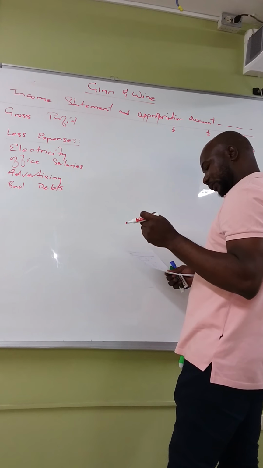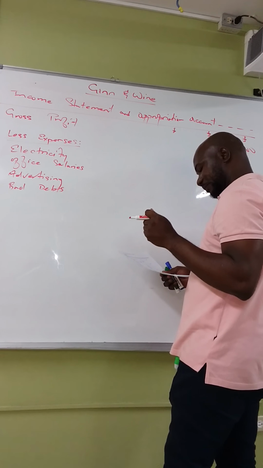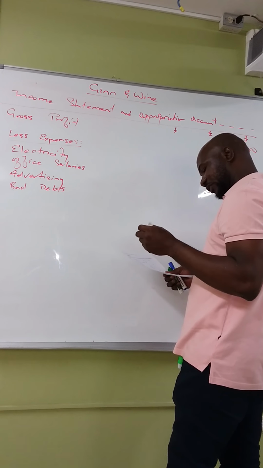And there was also, as it relates to provision for bad debts, a previous balance of $700.